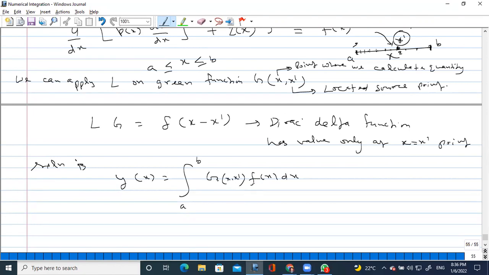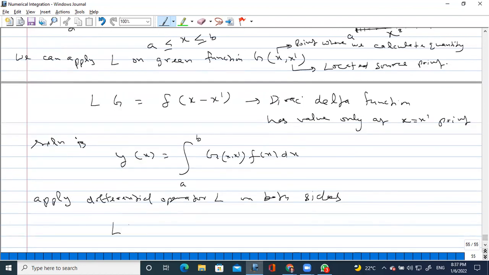Now if I apply the differential operator L on both sides, then it will become Ly(x) equal to integral a to b of Lg f(x) dx. Now Lg will become the Dirac delta function of x minus x dash into f(x) dx.